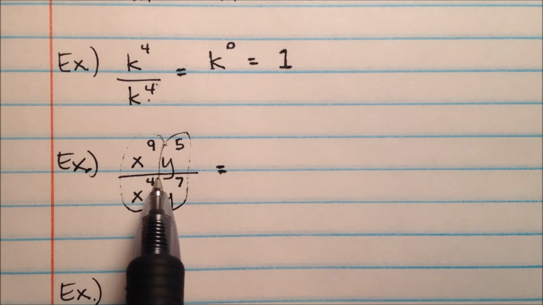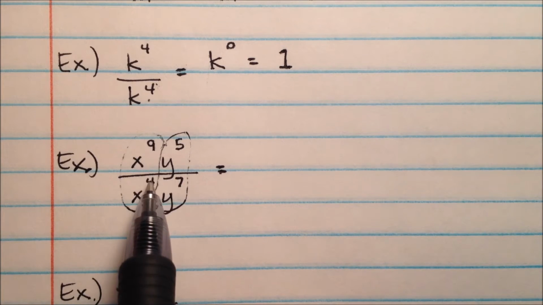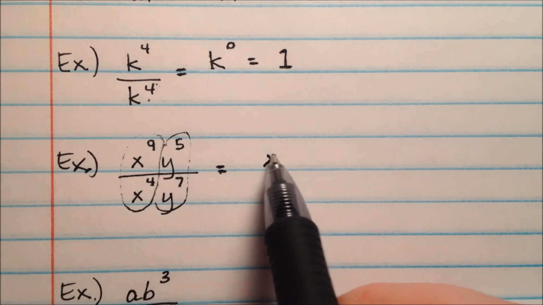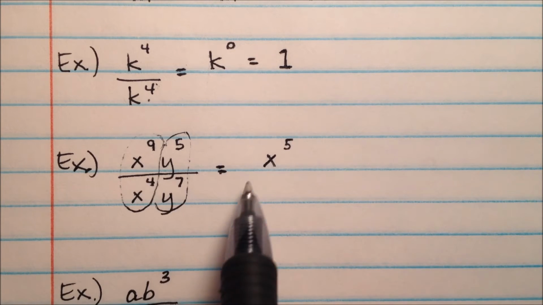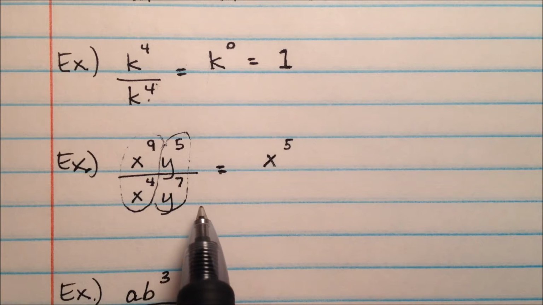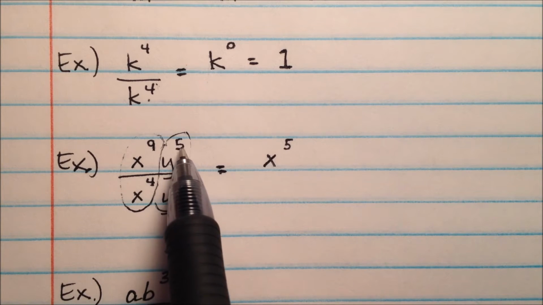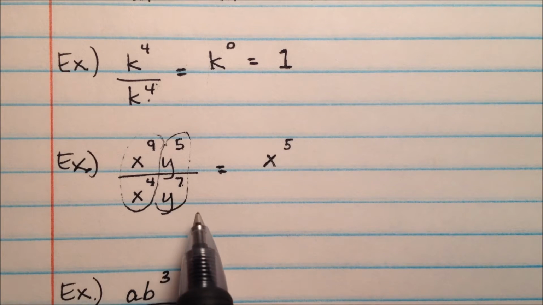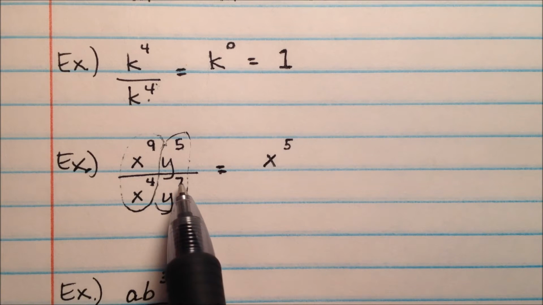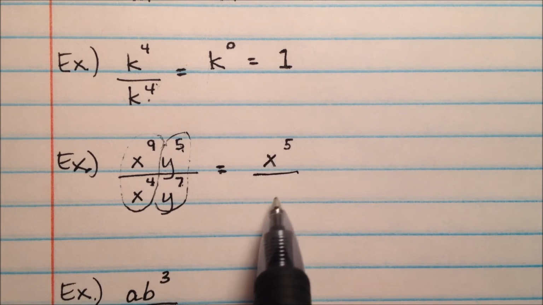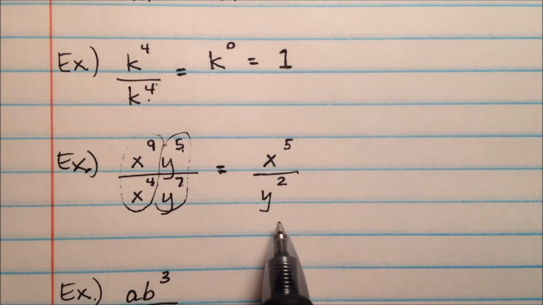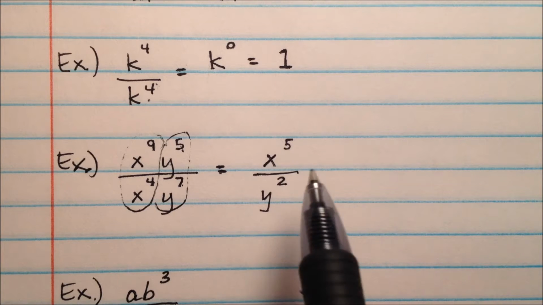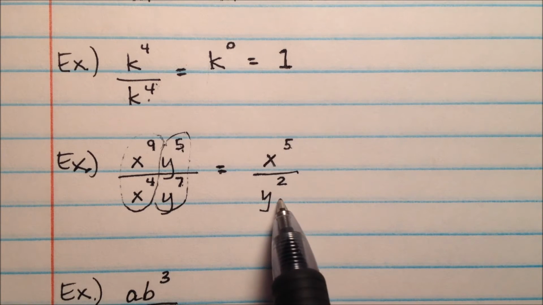My 9 is bigger than 4, so I'm going to say 9 minus 4 is x to the power of 5, and that will be left on top, since the 9 was on top and it was bigger. For my y's, I have y to the 5th on top and y to the 7th on bottom. Since my 7 is bigger than 5, I'm going to say 7 minus 5, and I'm going to put that on bottom since that 7 was bigger and it was on bottom. So my final answer for this is x to the 5th over y squared.